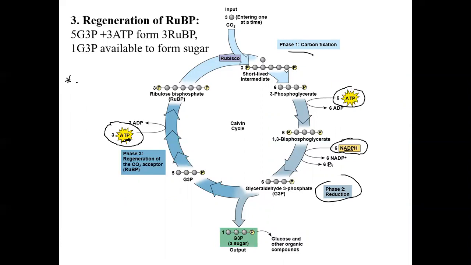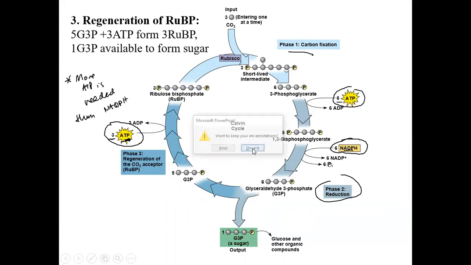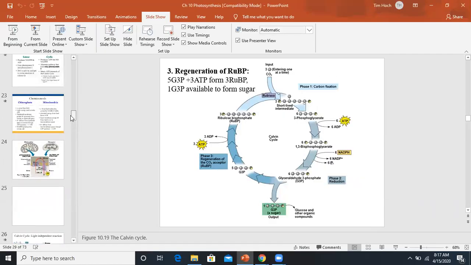So this is important: more ATP is needed than NADPH, right? So for one turn of the Calvin cycle, I actually need 9 ATPs, only 6 NADPHs. So that's where this comes into play, which is going to be called cyclic electron flow.